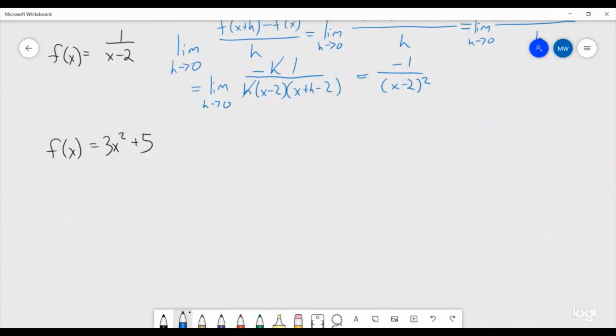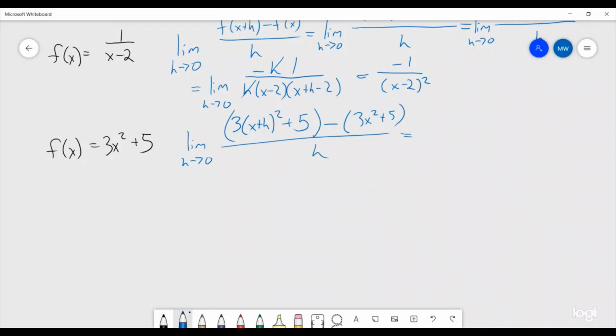Now for this last one, we got the limit as h goes to 0 of f of x plus h minus f of x. So that'll be 3 times x plus h squared plus 5, minus 3x squared plus 5, all over h.